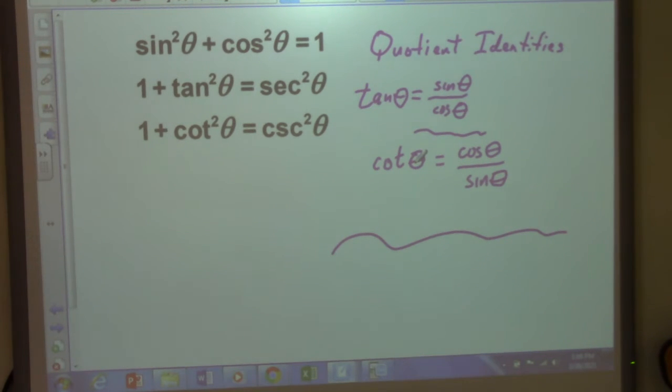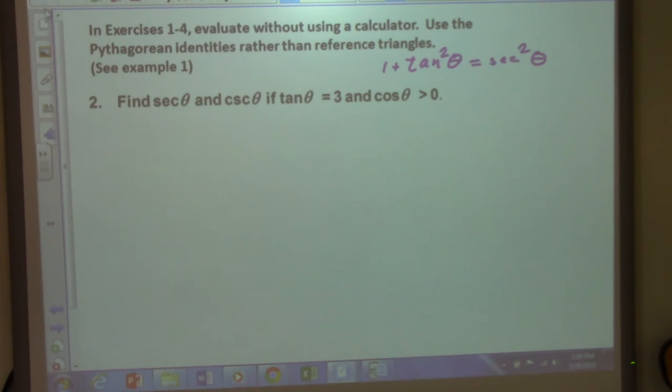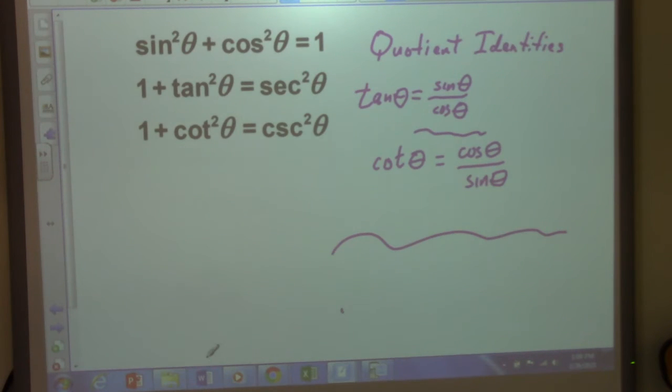So are you working on number 2 right now, I hope? And basically the ones we're working with in this section are the Pythagorean identities, the quotient identities, and the reciprocal identities.